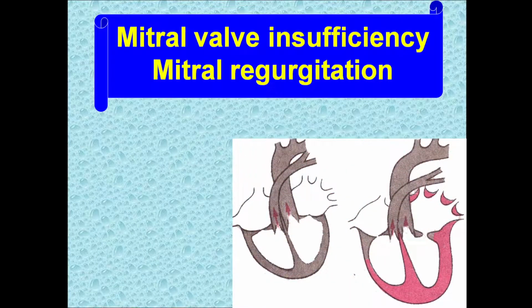Next heart defect: mitral valve insufficiency, or mitral regurgitation. I explained to you its pathomorphological and hemodynamic characteristics. The mitral valve leaflets are shortened. As a result, they cannot close the mitral orifice during the systolic period.